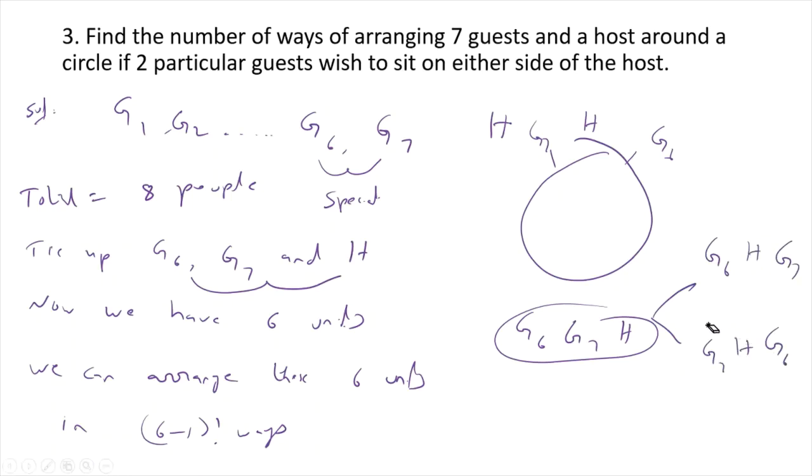Therefore total number of arrangements is equal to 6 minus 1 factorial times 2.